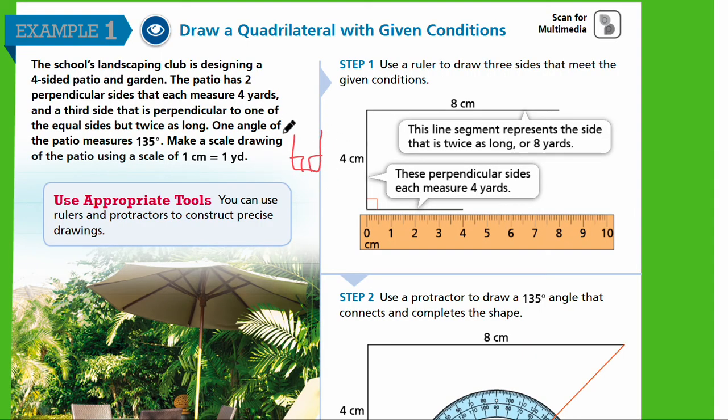That is perpendicular to one of the equal sides, but twice as long. So, 2 perpendicular sides that each measure 4 yards. So we can have 4 yards here.